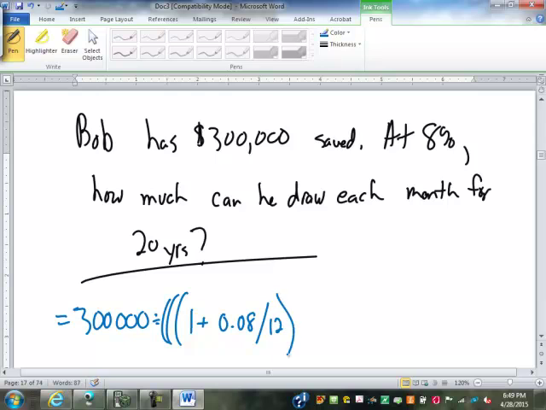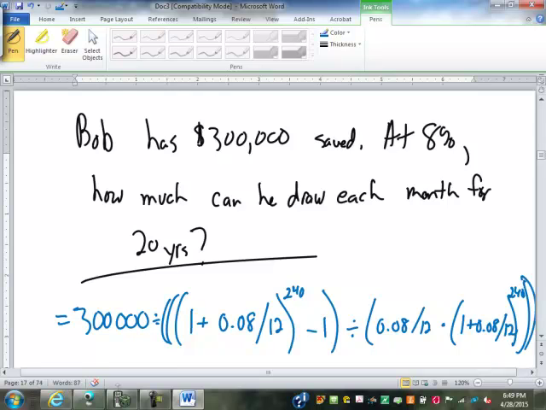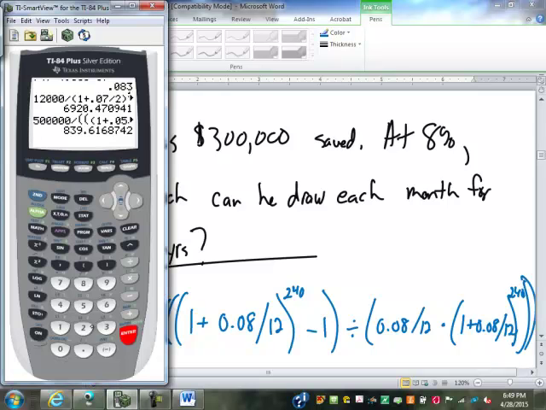This is monthly, so divided by 12. Power of 240 minus 1, close, divided by, open, 0.08 divided by 12. And we do have to do times 1 plus 0.08 divided by 12, to the power of 240, close and close. 300,000.